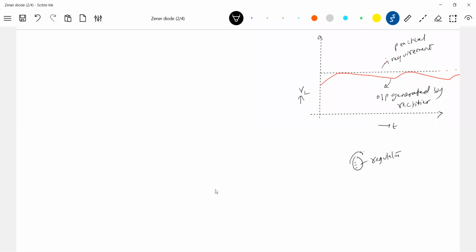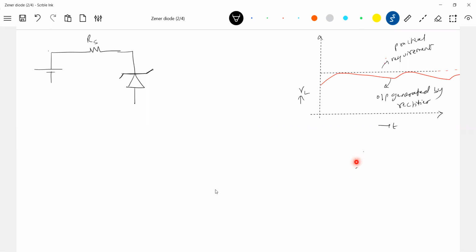Now this Zener diode, I'm going to use as a voltage regulator. It will regulate. How does it do it? Now there's an unregulated voltage. This is RS. The Zener diode symbol will be like this, reverse Z. Are you able to see the Z symbol? Ordinary diode symbols are like this.